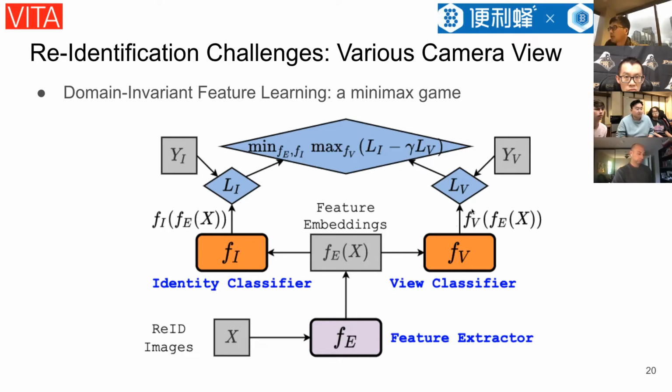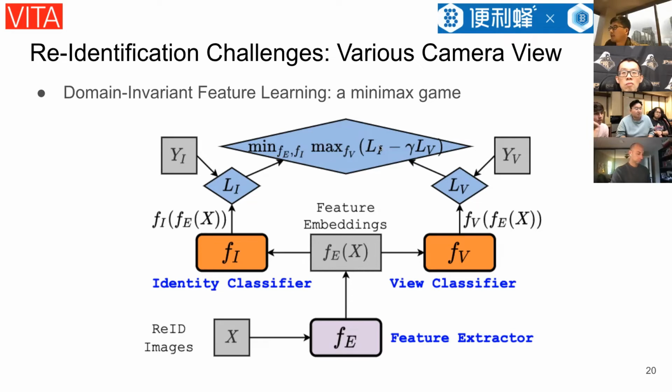So we are able to get 2 losses, and these 2 losses play in a minimax game. Basically, we would like to minimize the re-identification loss. Look at this equation. The min is applied on FE and FI, which are the feature extractor and the identity classifier.